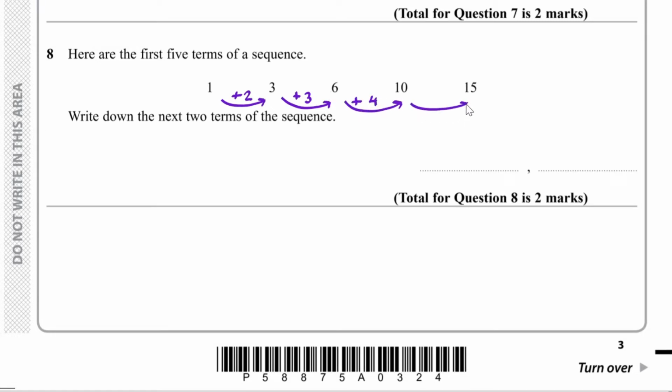The difference between the 10 and the 15, that's plus 5. So the next term, can you see that's going to be plus 6? So 15 plus 6, that's 21. And then 21 plus 7, that's equal to 28. So the next 2 terms of the sequence are 21 and 28.